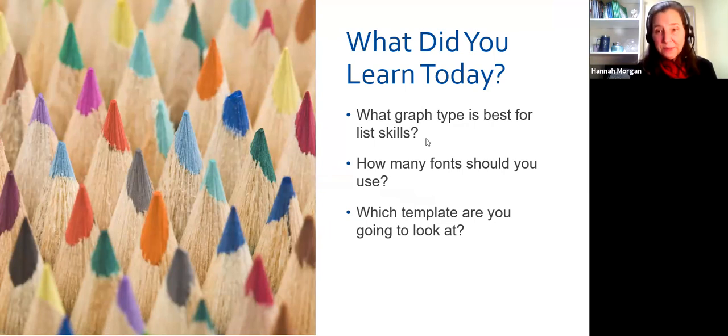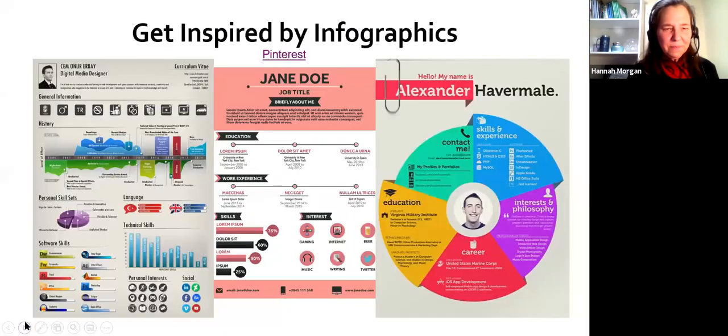Pie works, absolutely. Bar works, pie, bar, yep, both of those work. Yay! How many fonts? What's the maximum number of fonts that I recommend that you use in your infographic? Okay, got that one. And then the last question I can't read. Which template are you going to look at? That's sort of an unfair question, because you don't know. I haven't given you that.